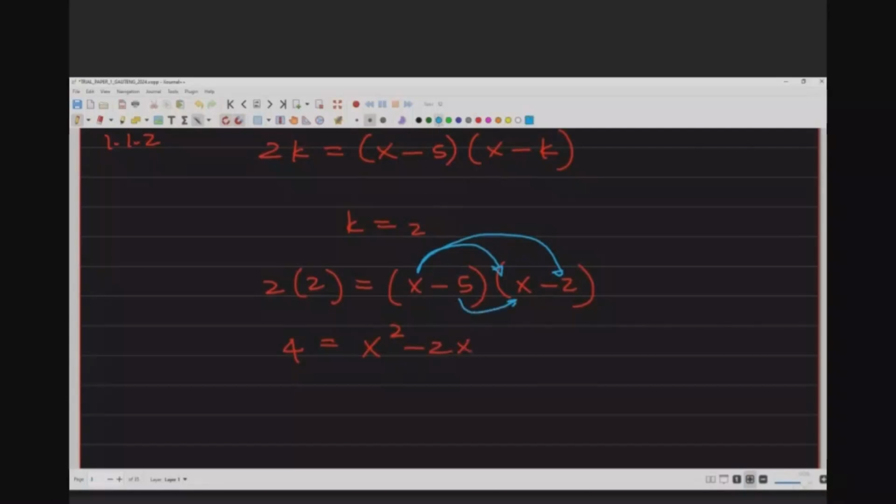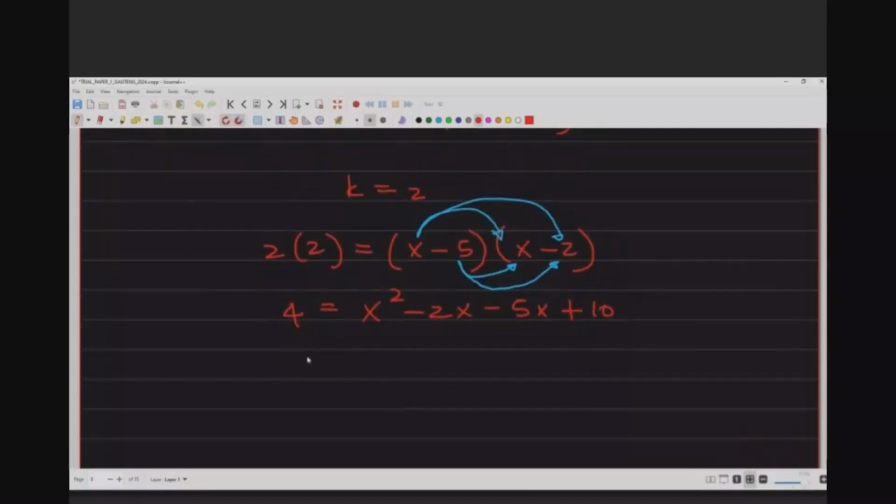And this here is minus 5 multiplied by x. And minus 5 multiplied by minus 2. And that's plus 10. And this is x squared minus 7x plus 10 is equal to 4.